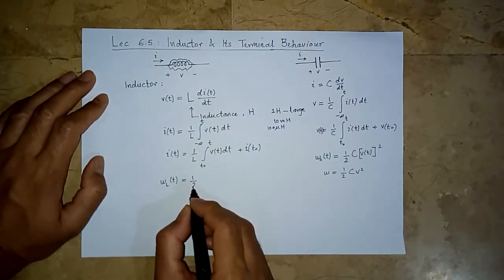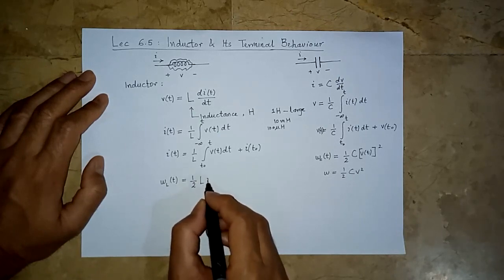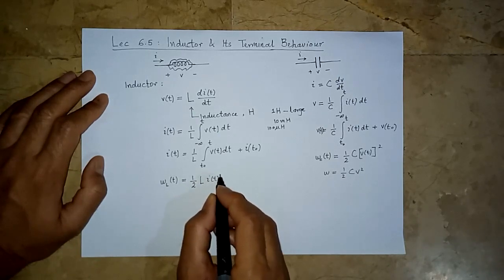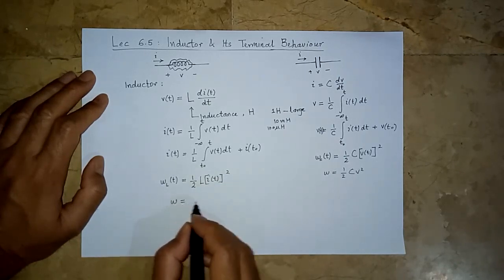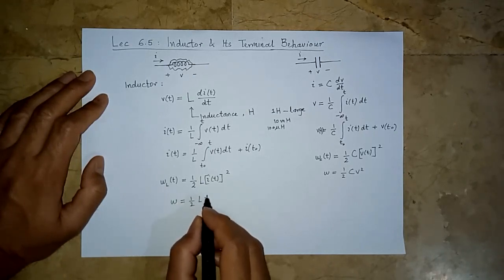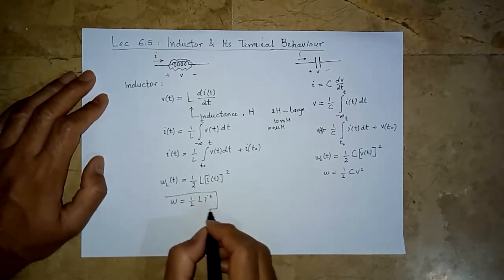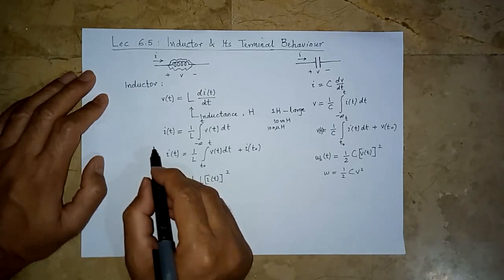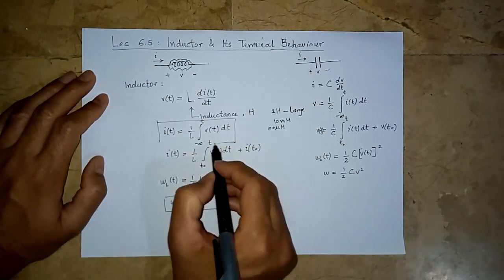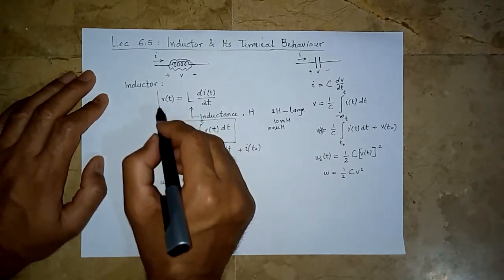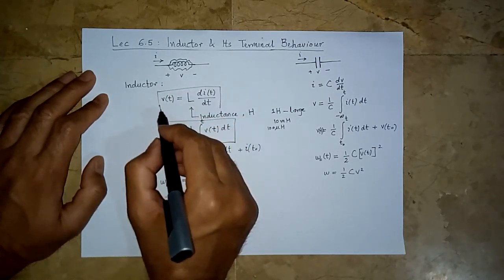And we are going to get half L I squared, or just to remember, the energy W is equal to half L I squared. So these expressions are what basically govern the behavior of an inductor and should be remembered.